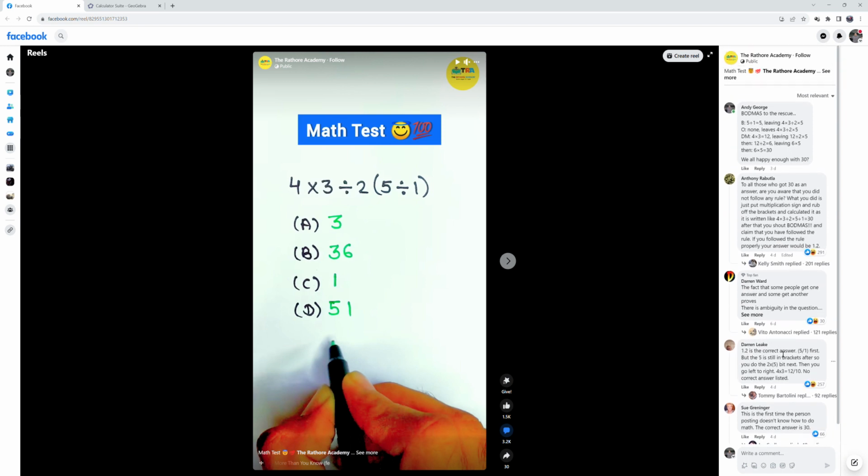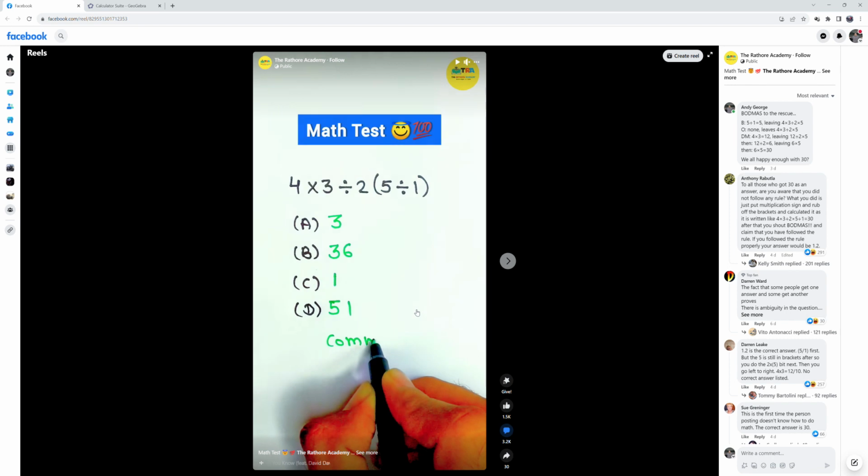But this man is explaining 1.2 as the correct answer. 5 divided by 1 first, he's got the brackets, but the 5 is still in the brackets. Well, not if you've resolved it, it's not. After, you can do the 2 times 5, so he's then multiplied by the 2, which is not inside the brackets, and he's done a multiply out of turn because everything goes from left to right. That's completely changing the way that the equation is supposed to roll.